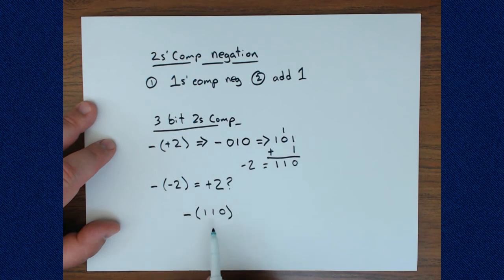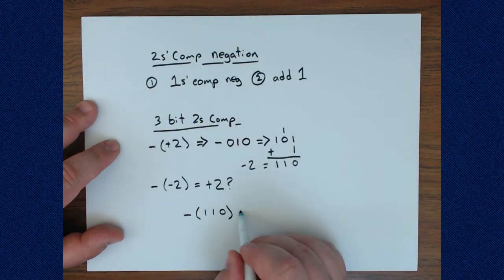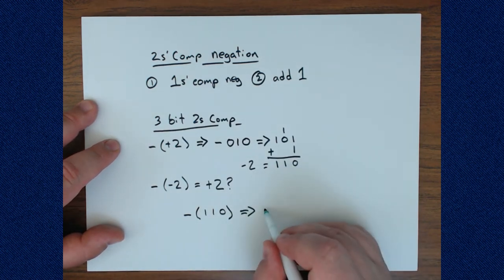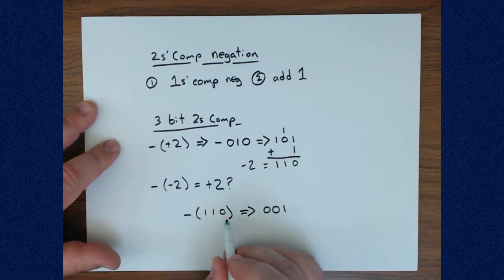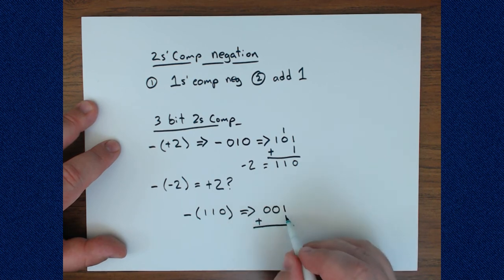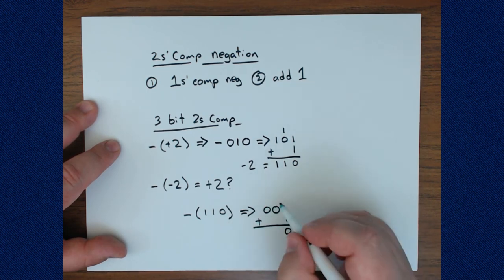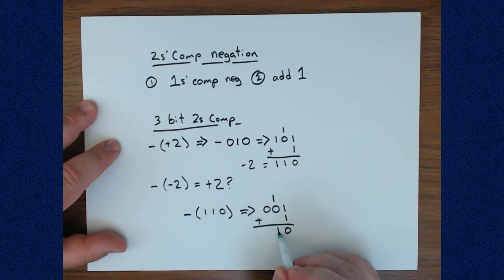So how do we negate in our 3-bit 2's complement machine? Well, first, we flip all the bits, and then we're going to add 1. So let's do that. Flip all the bits. 0, 0, 1. That's these bits flipped. Then we're going to add 1 to that. 1 plus 1 is 0, carry the 1, because that's 2. 1 plus nothing is 1, and 0 plus nothing is 0.